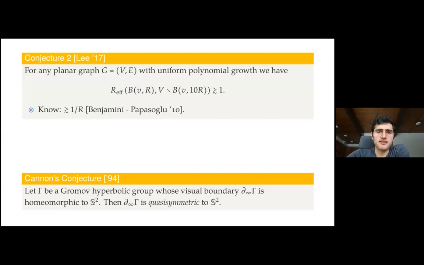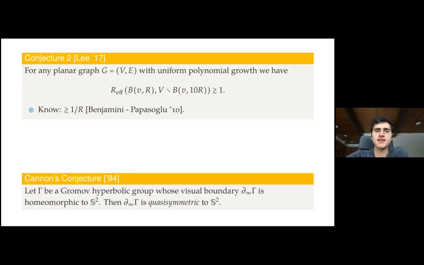Just before answering this question, let me tell you that if this conjecture were true, it would have resolved Cannon's conjecture from geometric group theory. I'm not going to fully define it to you.